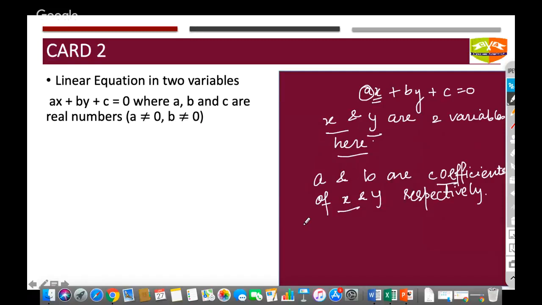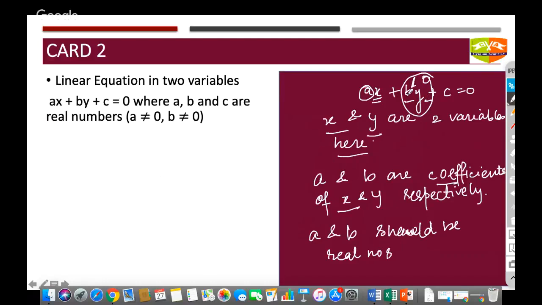Now we should know that a and b should be real numbers only, and they cannot be equal to 0. Why can they not be 0? Because if I put 0 here, 0 multiplied by y will make the variable y without any relevance here.